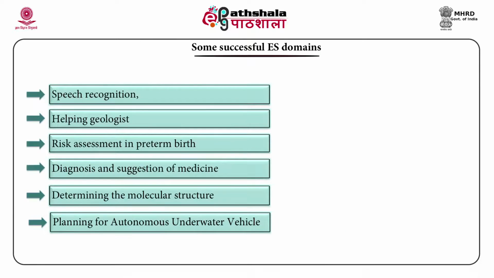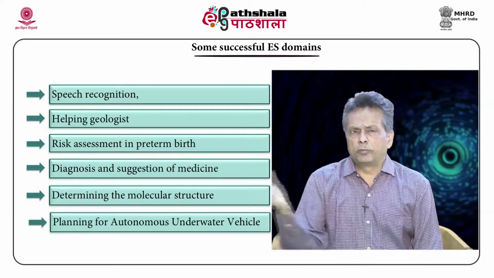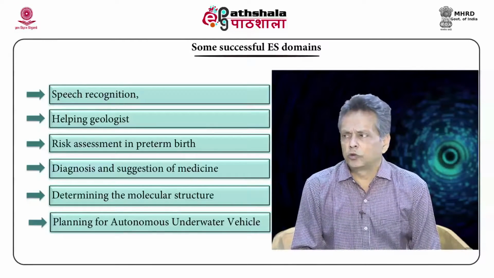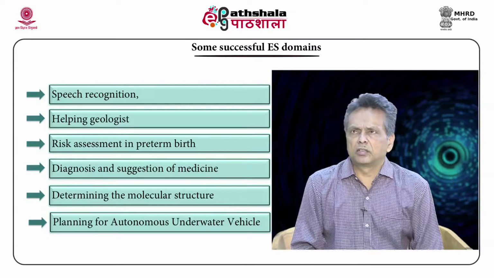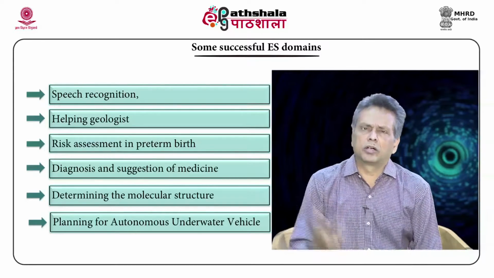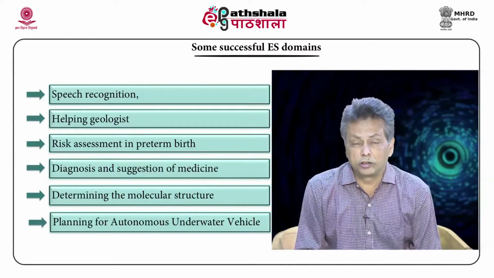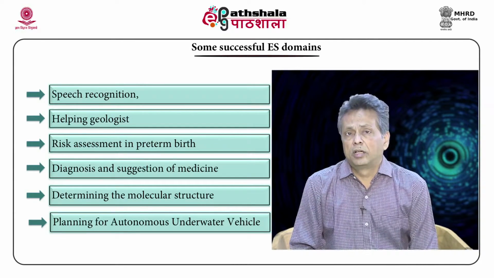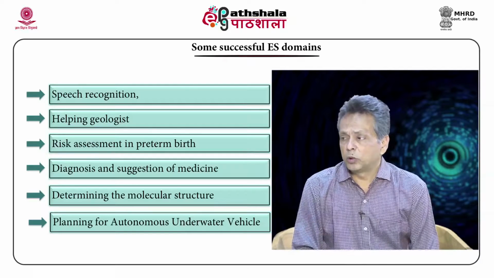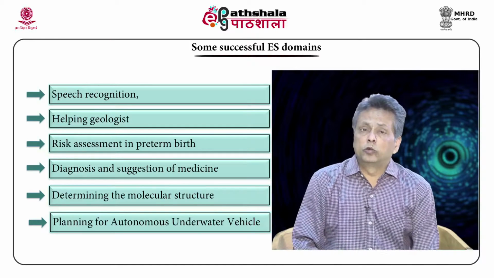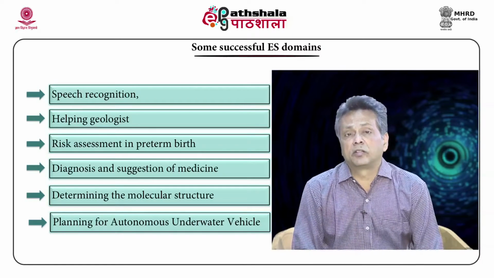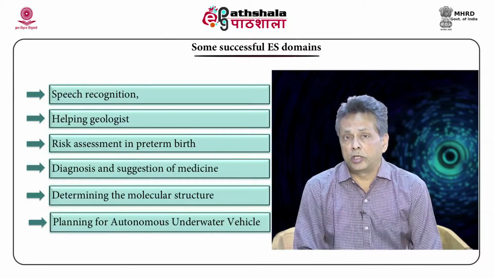There are some successful expert system domains that you will probably read about in the handout. There is something called Heuristic, which is used for speech recognition. There is Dendral, which helps geologists determine the molecular structure of a compound presented to it. There are a few expert systems which are very good at assessing risk when there is a premature birth of a child.